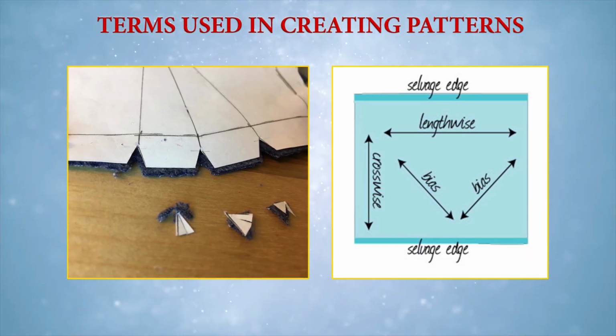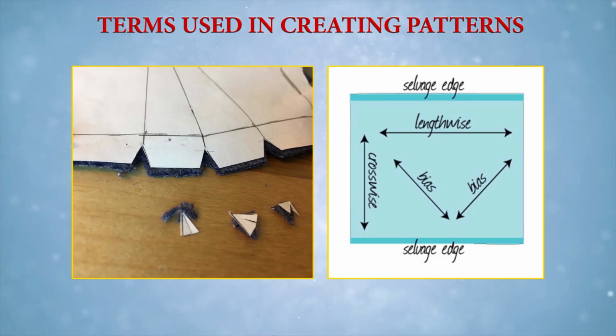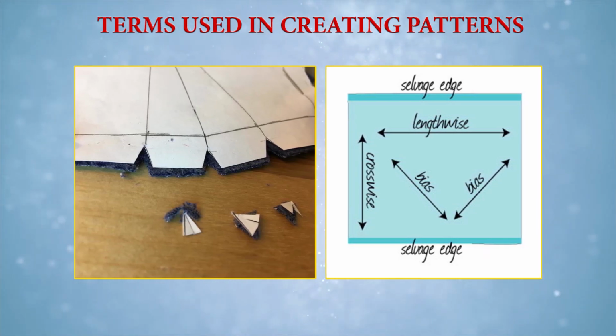So in these two directions we have the fabric, and when we fold the fabric at a 45 degree angle, as you can see here: if I have a piece of fabric that is just square, there is one selvage, parallel to that is the lengthwise grain, and horizontal is the crosswise grain.